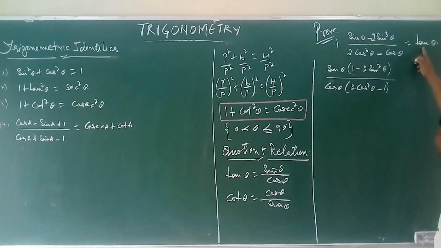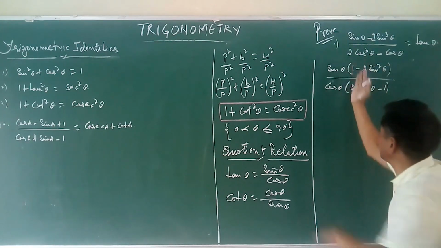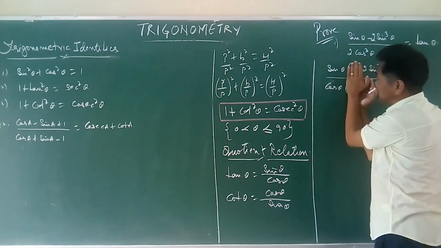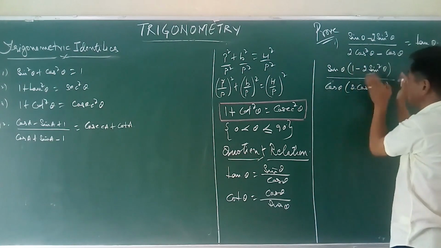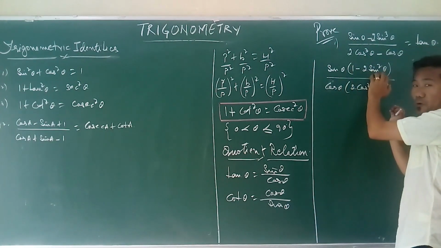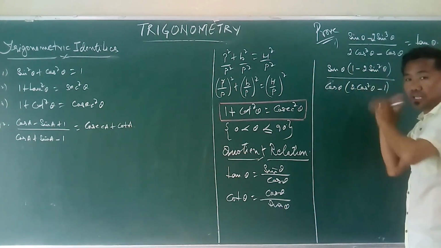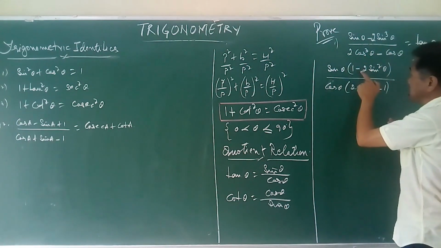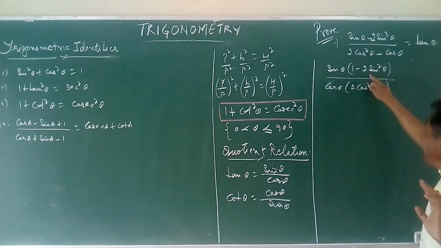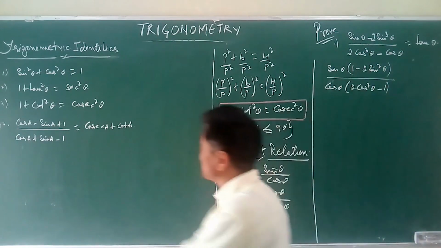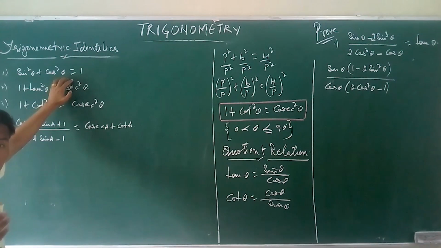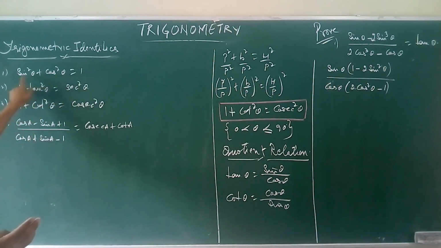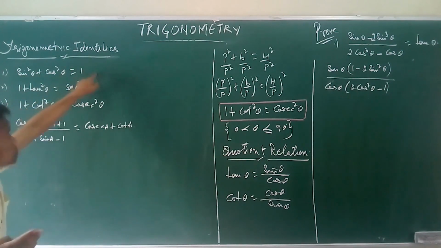Now to get the tangent theta, we know sine theta divided by cos theta is a tangent. Now what we are going to do is change some terms to remove all these things. We know one identity, sine square theta plus cos square theta equal to 1, so sine square theta is equal to 1 minus cos square theta.